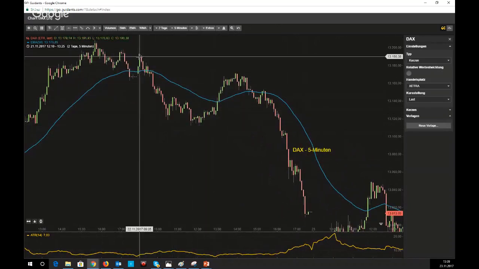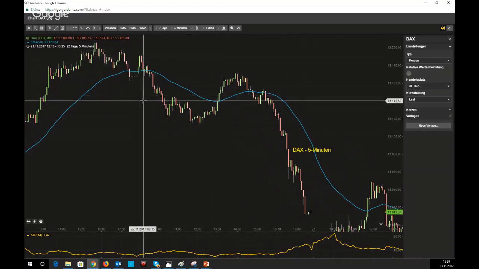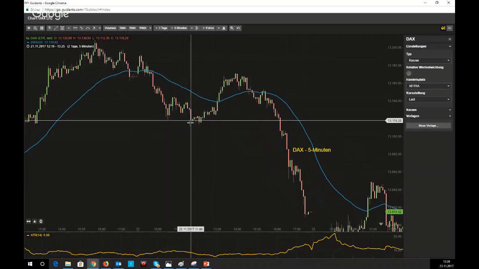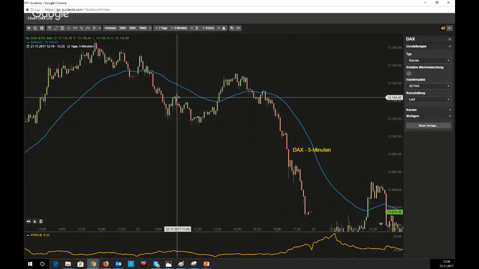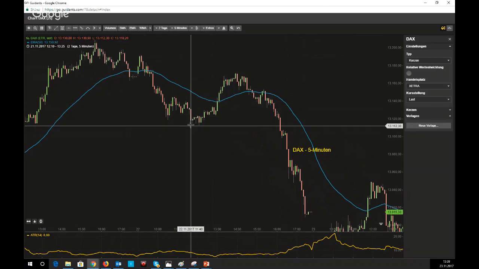In fact, I was short from somewhere here, a little higher, and the market moved in my direction. Then it came back. I was fine with that, and then it made slightly new lows. And now remember, today we have Thanksgiving. Usually on such a day, especially when U.S. markets are closed the next day, liquidity thins out in the afternoon, especially in the DAX, and we don't get to see big moves.